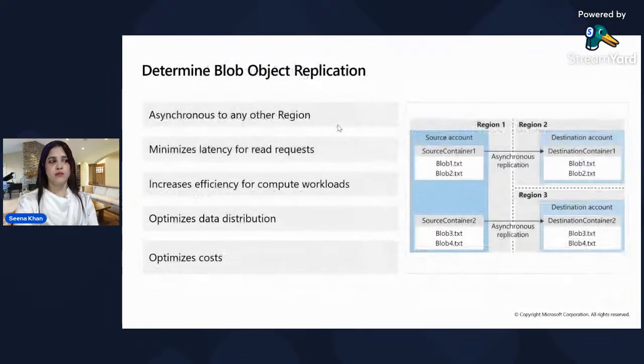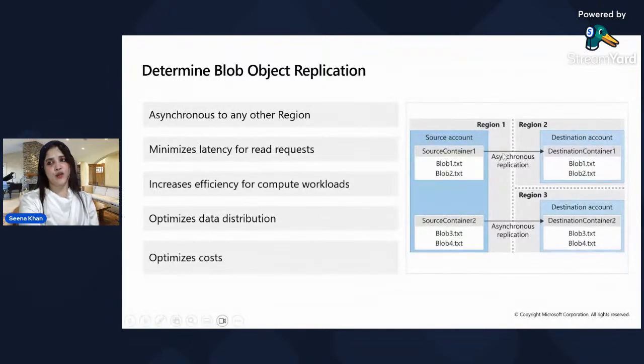Next is determining blob object replication. Object replication copies blobs in a container asynchronously according to policy rules that you configure. During the replication process, the contents are copied from the source container to the destination container: the blob contents, blob metadata and properties, and any versions of the data associated with the blob.